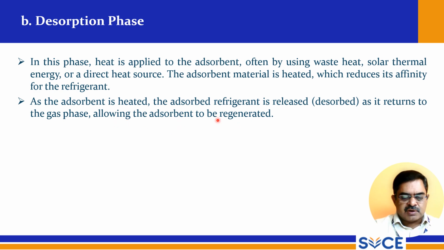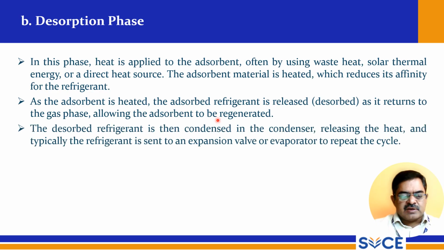The desorbed refrigerant is then condensed in the condenser, releasing the heat, and typically the refrigerant is sent to an expansion valve or evaporator to repeat the cycle. So just like the absorption cycle, it is also happening here.